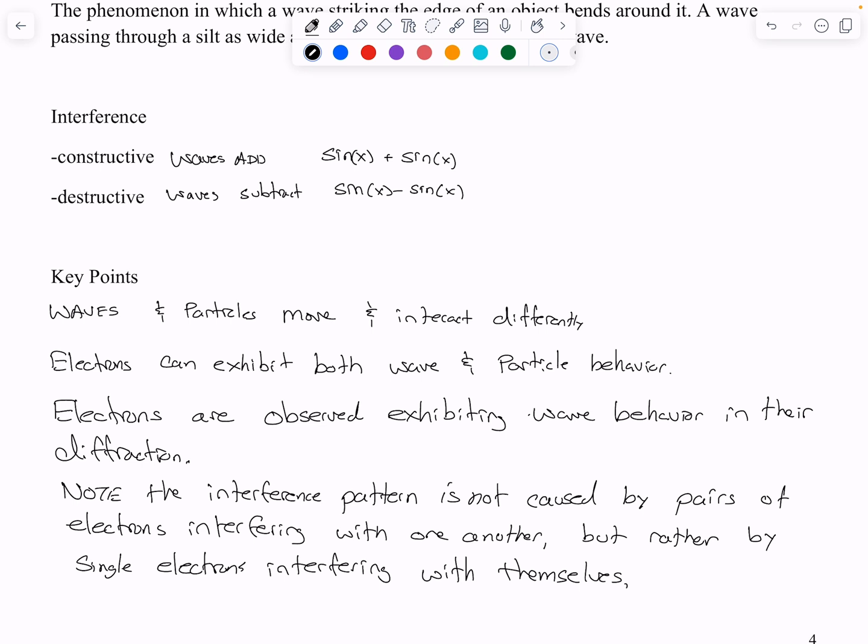Is it a wave? Is it a particle? And of course, the answer is it's neither. It's neither a wave nor a particle. It's a quantum object, all right? And so right now we are in this weird spot.